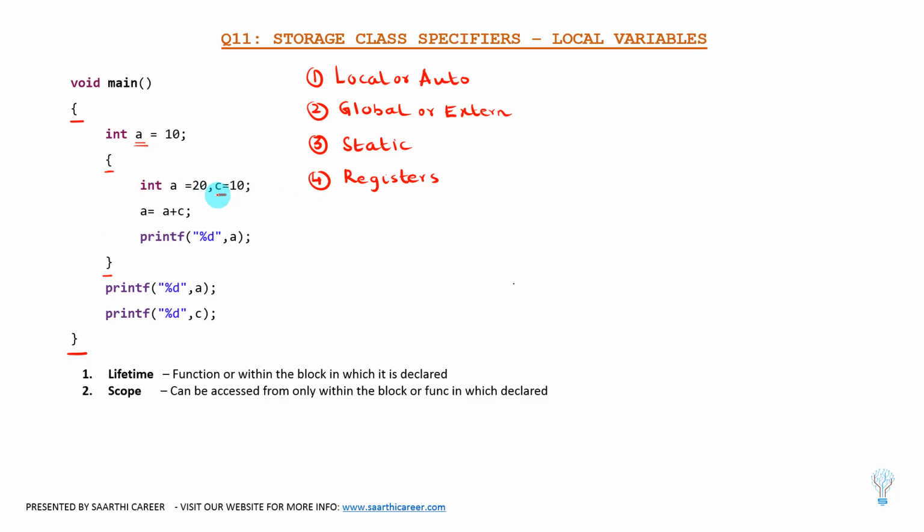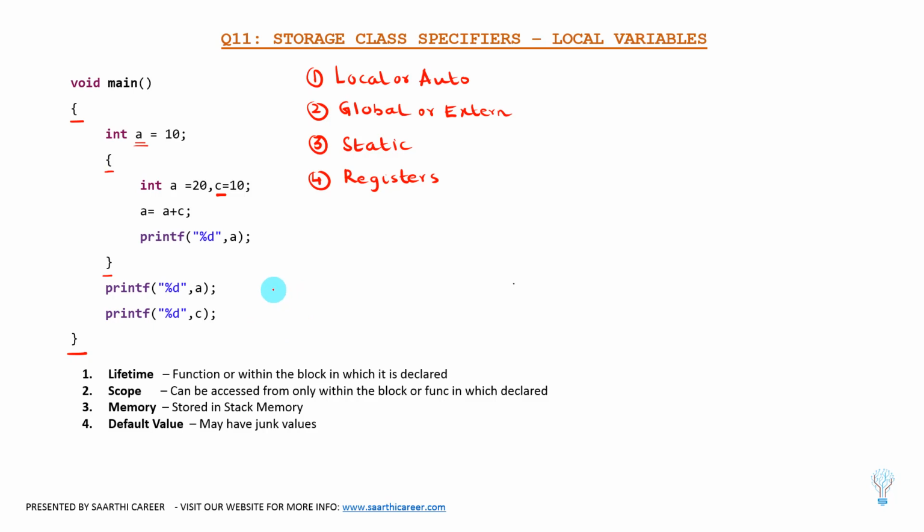So variable c, which is declared in this block of code, cannot be accessed outside this block of code. The third point which we need to remember with local variables is the memory where it is stored. So all local variables are always stored on the stack memory. And the fourth, which is not important in the context of this question, but it is good to know, is the default value. Local variables may have junk value.